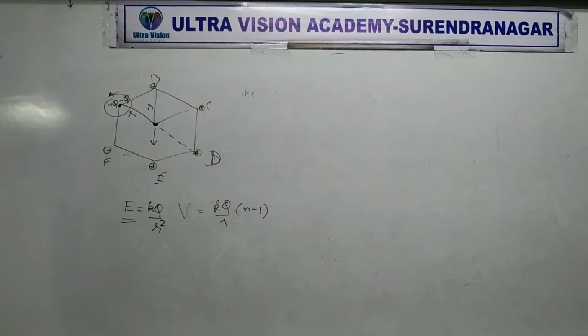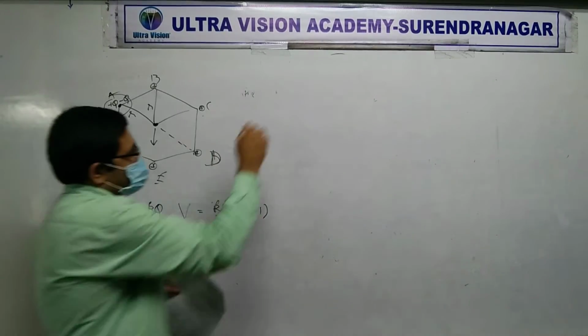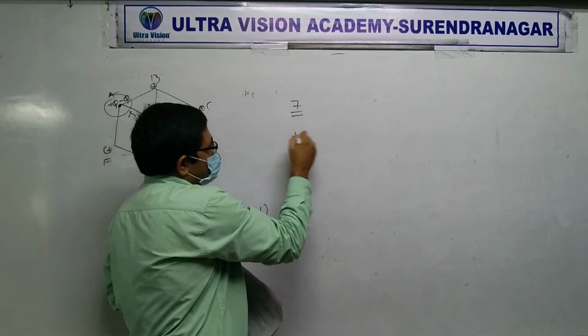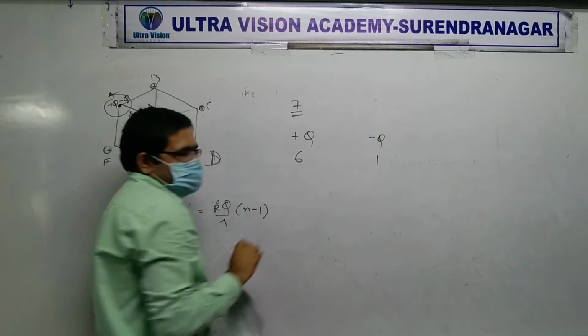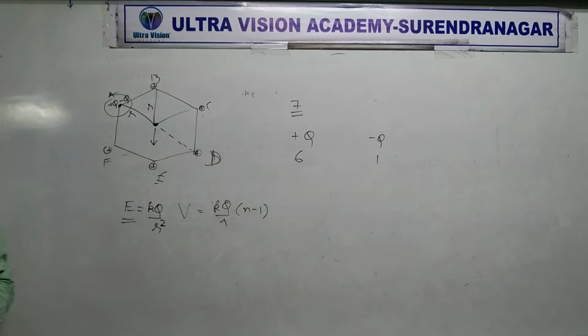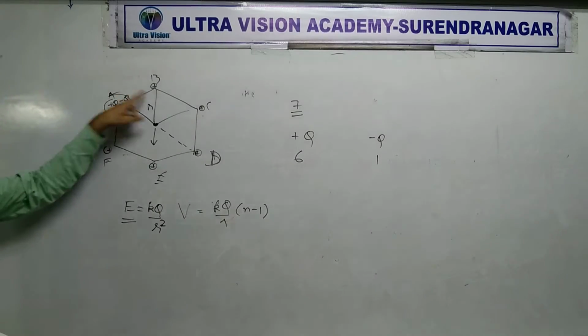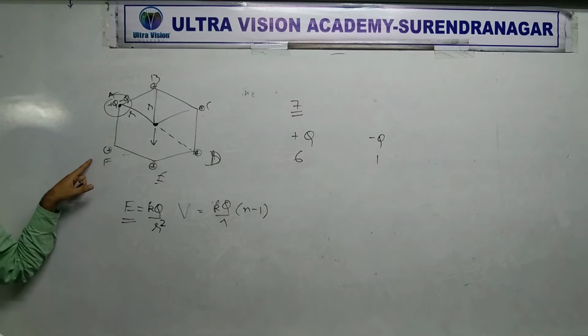Yes or no? So then there are 7 charges in this particular case: 6 are plus q and 1 charge is minus q. Did you understand?